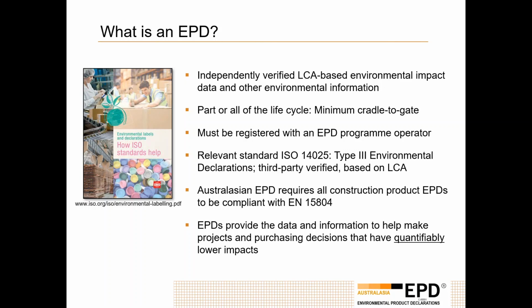Most of the construction products registered with the International EPD Program are also compliant with EN 15804, but some of the older ones aren't, so that's something you have to check on the International EPD database. There's a very helpful guide I'll just reference on the left side there, how ISO standards help in environmental labels and declarations. I encourage you to give that a bit of a look over if you've got the time.